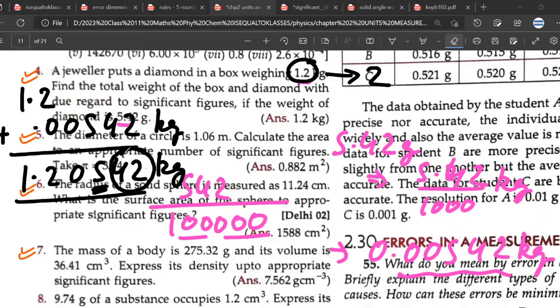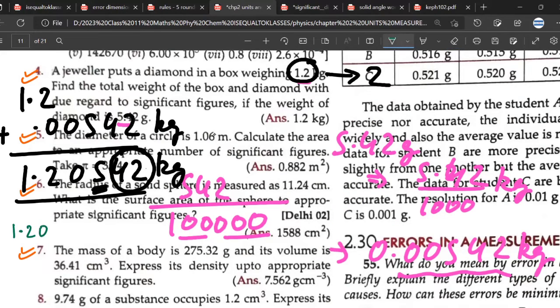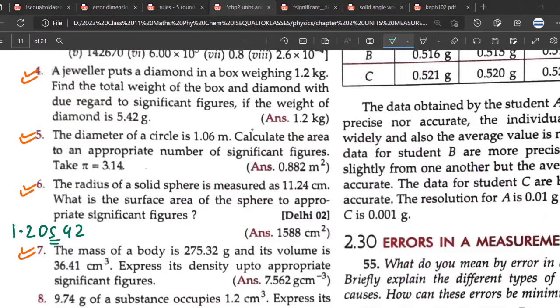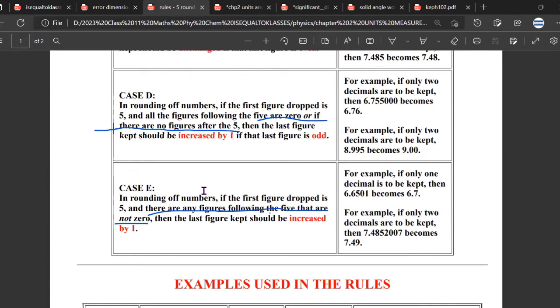Now 1.20542. If I look at the rules which are given to me, this is how the rules look. And because we understand the rules of rounding off well, we know that this rule would be applicable.